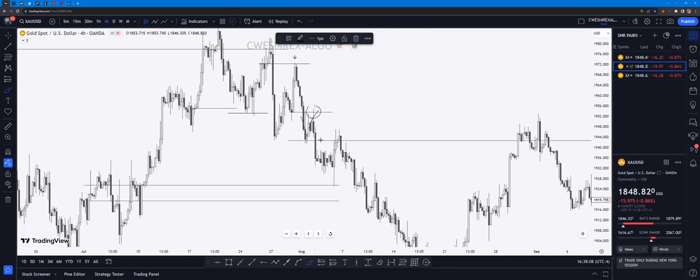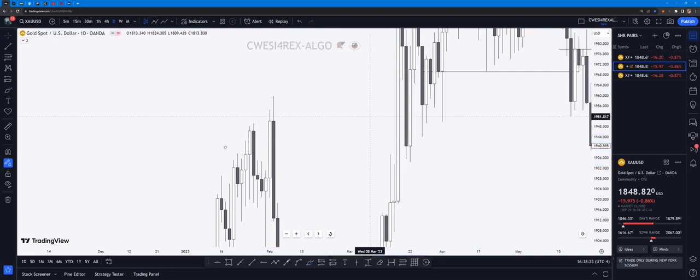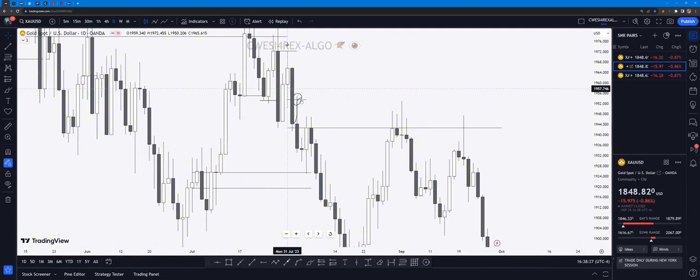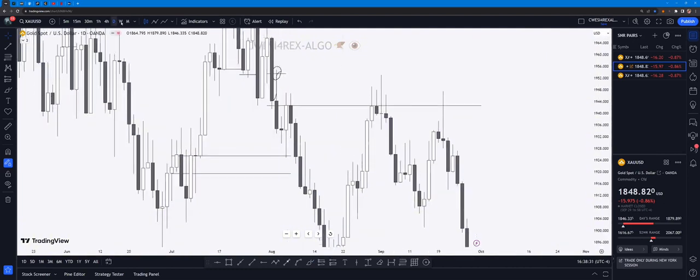Okay. So daily reject daily, on H4 we need a breakout, pullback, entry. Okay. Let's move to daily again. Let's move to the weekly again.